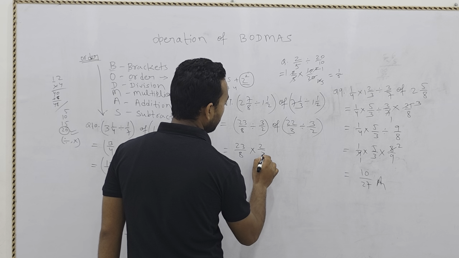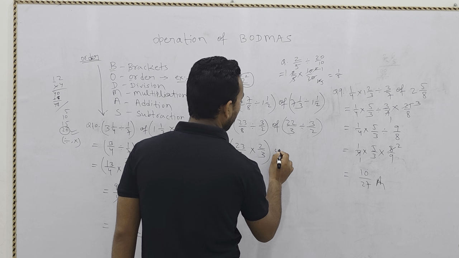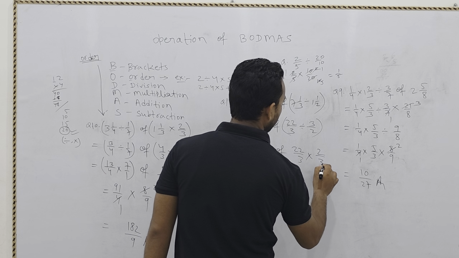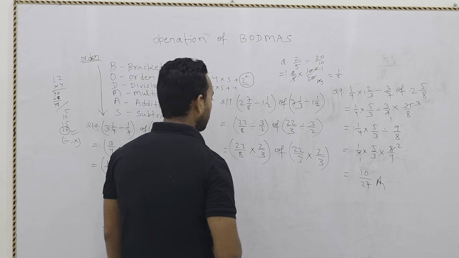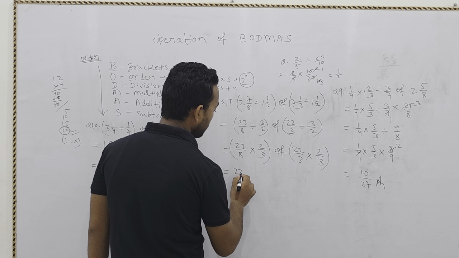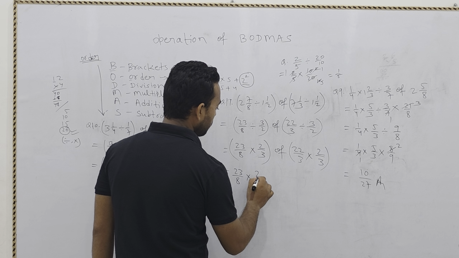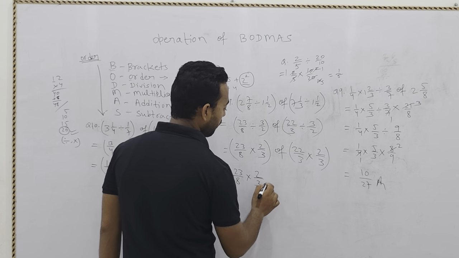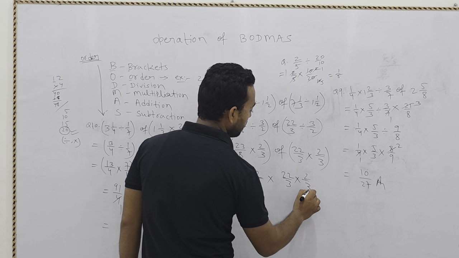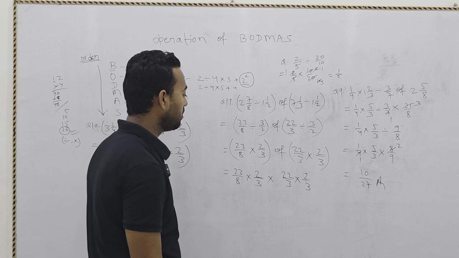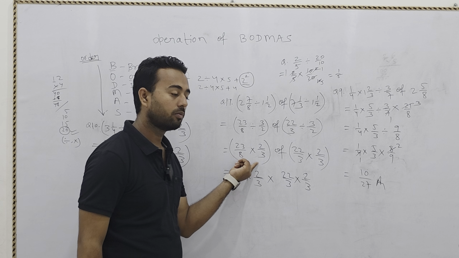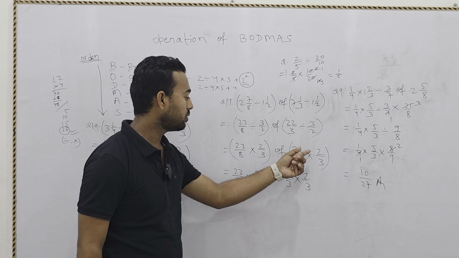So here 2 by 3, bracket of 22 by 3 multiply 2 by 3. Here, if it is not cutting, then 23 by 8, 2 by 3, this of, 22 by 3 multiply 2 by 3. So here it will be easy for us.